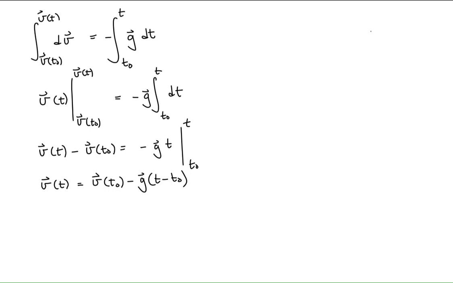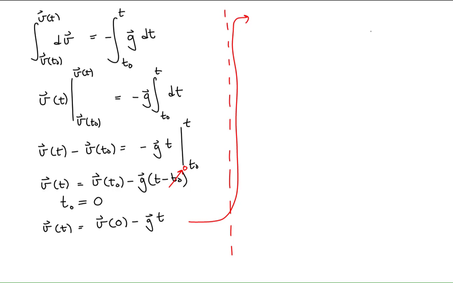Well, for simplicity, let's recognize that t naught is equal to our initial time. t naught is equal to 0. So this means that our velocity function is equal to our velocity at time t equals 0 minus g t, where this expression for t naught goes to 0.